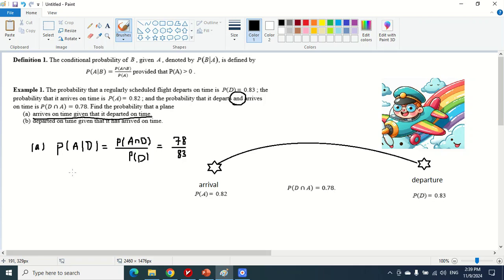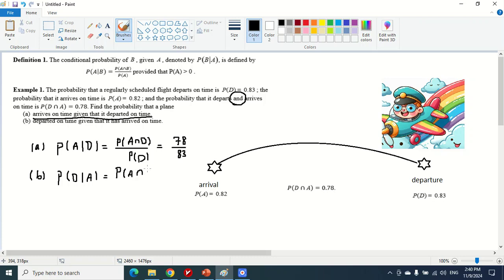And for part B, as you can see, we have the probability of departing on time. We want to find the probability of D in a condition that it arrived on time, so in a condition of A. So it's equal to the probability of D intersected by A, which makes no difference because it's commutative.